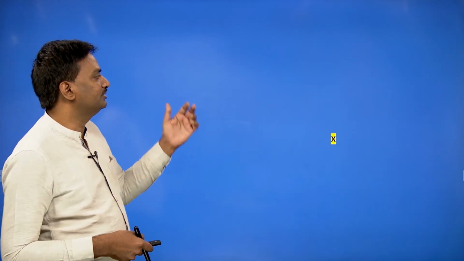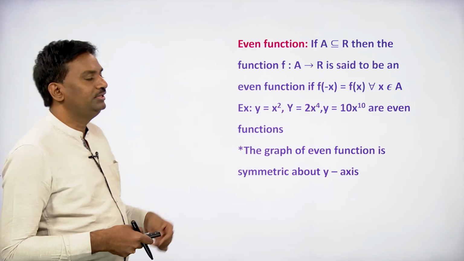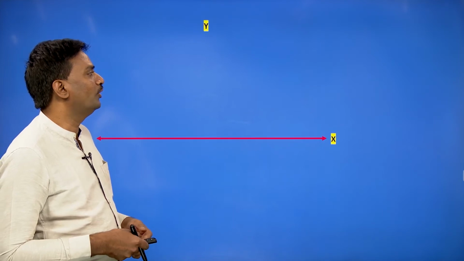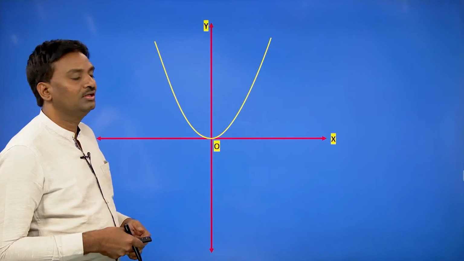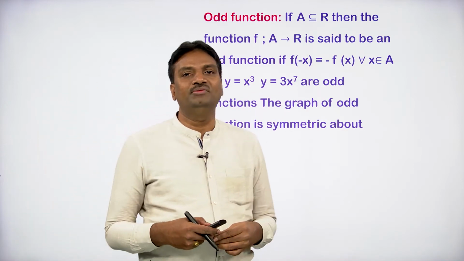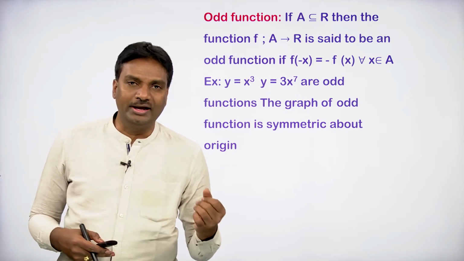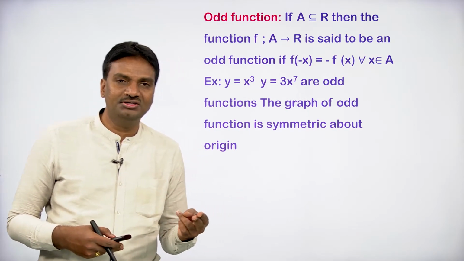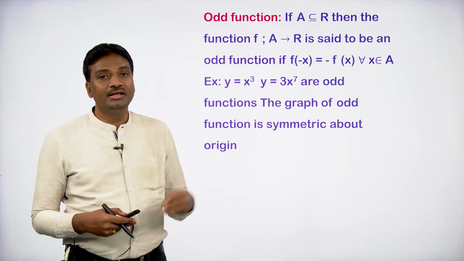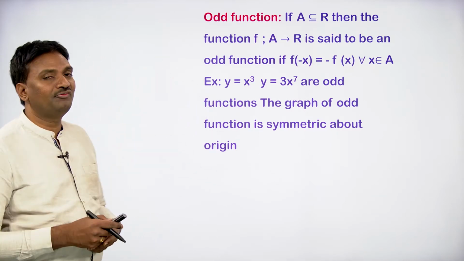Already we discussed the even function also, and the graph of the even function also. Today we are going to discuss the odd function. So far we have discussed identity function, constant function and even function, so I have recapped them. Today we are going to discuss the odd function.